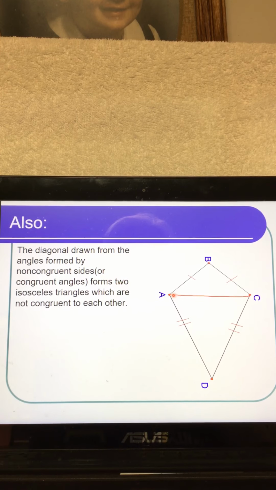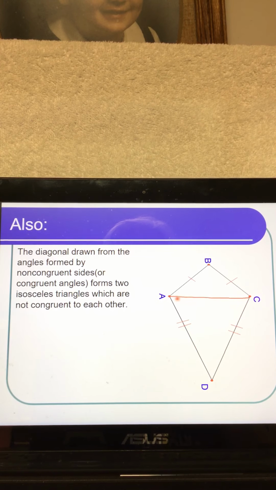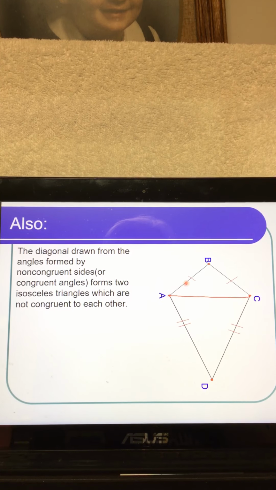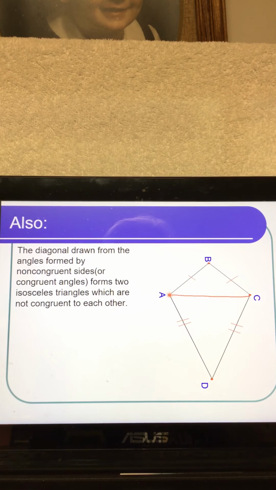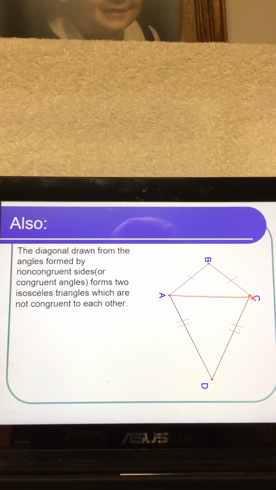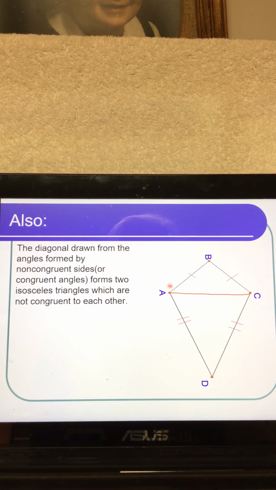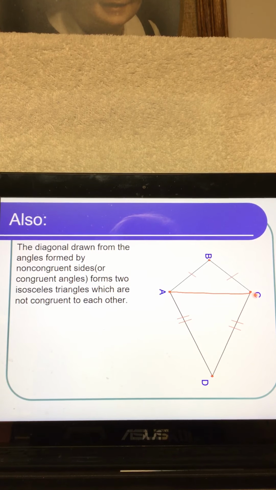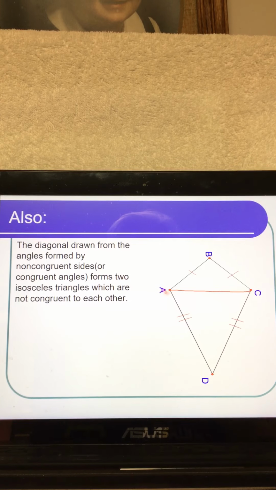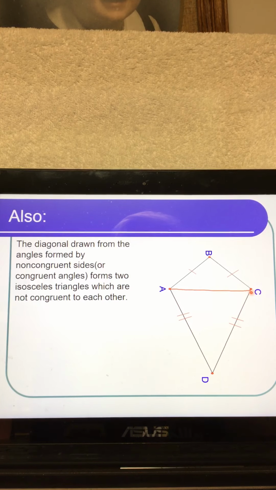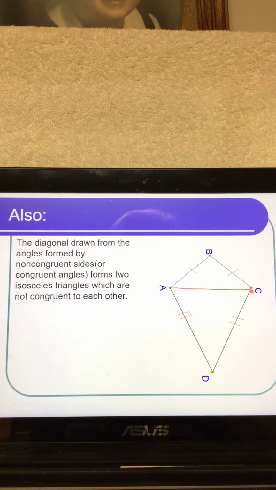Now, what about the other diagonal? This diagonal is going between the angles that were congruent to each other. It's formed when you draw it from the angle formed by the non-congruent sides to the other one, between the congruent angles. What happens?